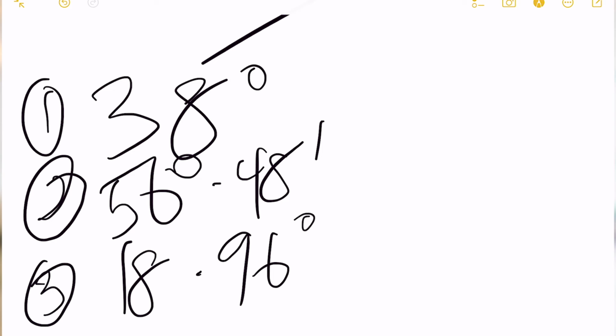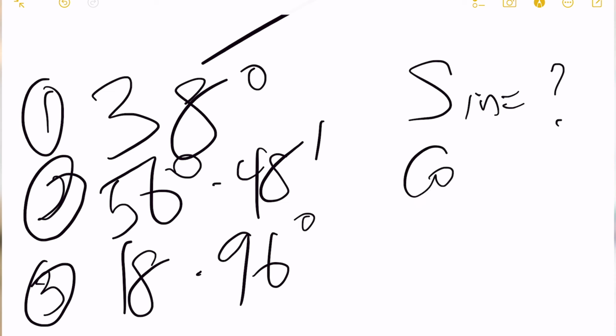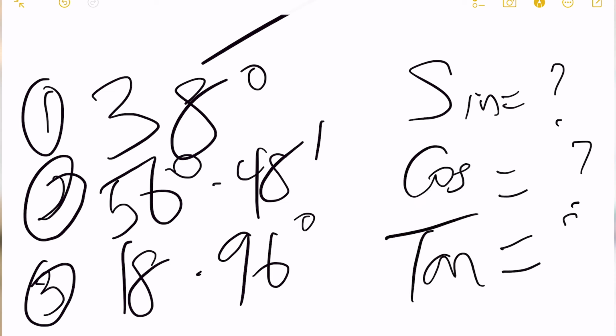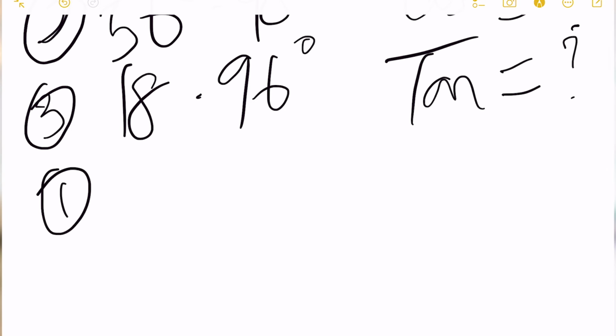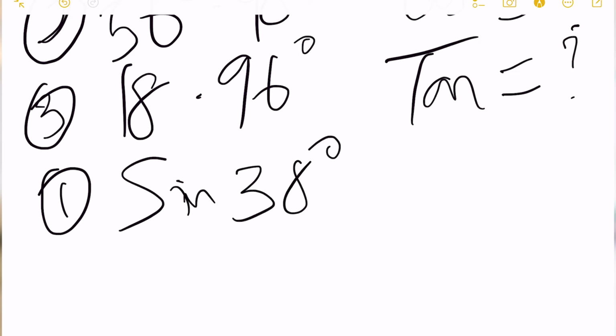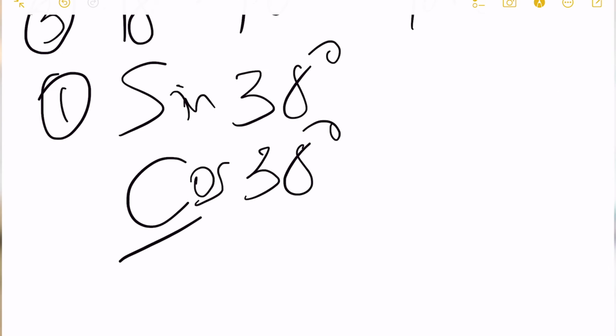So we have to look for the sine, the cosine, and the tangent. Now, for the first one, which is sine 38 degrees, cos 38 degrees, and tan 38 degrees.